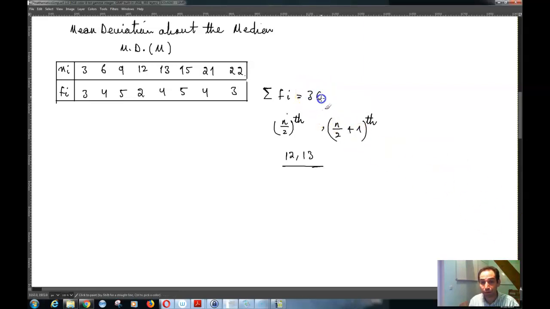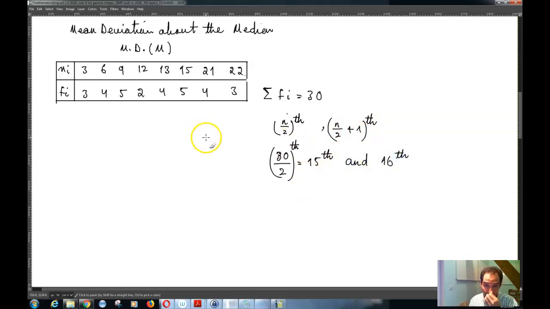So if your sigma f of i is equal to 30, then n divided by 2 is 15. 30 divided by 2 is equal to the 15th observation, and then the 16th observation.